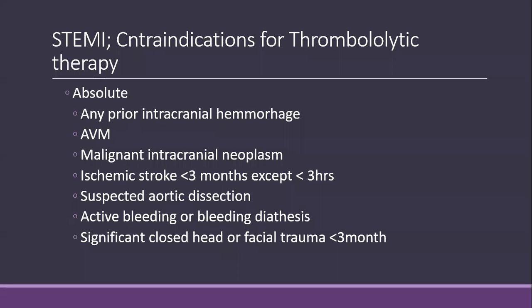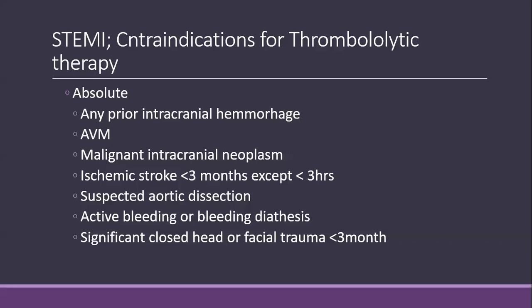But as I told you before, you concentrate during history taking that the patient should not have any contraindication for thrombolytic therapy, because in ST elevation you focus on these things. There are certain patients who have absolute contraindication for thrombolytic therapy, means they are not suitable candidates. Number one is any prior intracranial hemorrhage proven by CT scan or MRI.